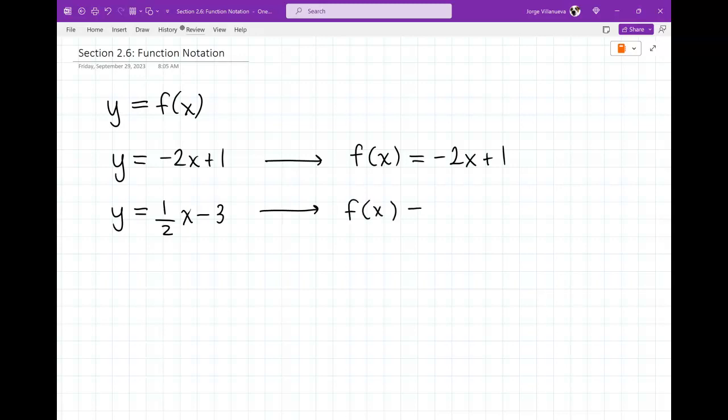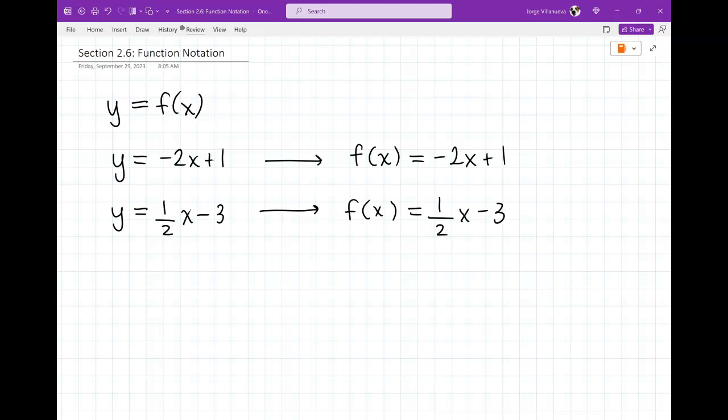Okay? So this is, I guess, as simple as I can put it. Now, of course, it can get a little bit more complicated once we plug numbers in. But I want you guys to see how it looks. But that's all it is. We're just changing y into f of x. That's called function notation.